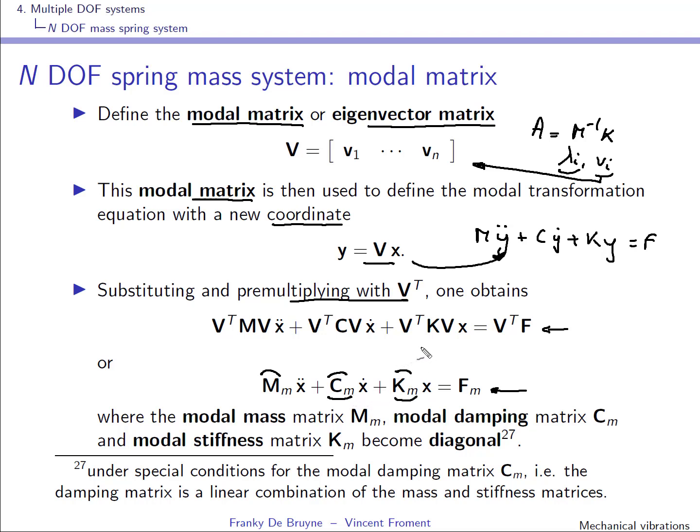It's kind of obvious for this one, but it's kind of new for this matrix here, because in the case of 2 degrees of freedom we had left out all damping. Okay, but you can show that under special conditions, I don't want to go too much into details, this new matrix for damping, the modal damping matrix, also becomes diagonal.